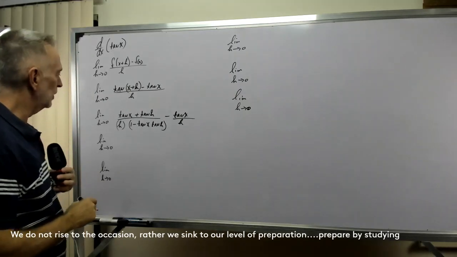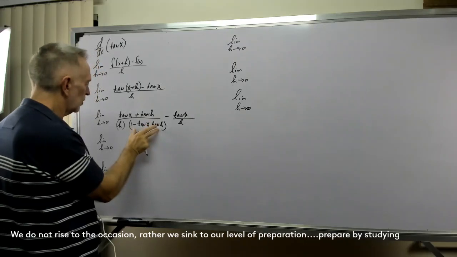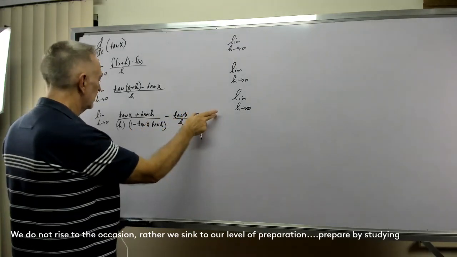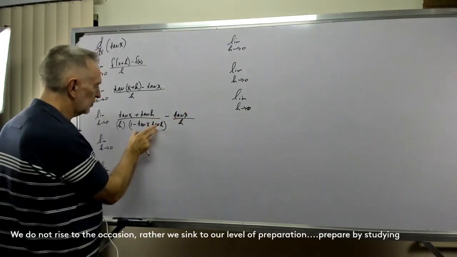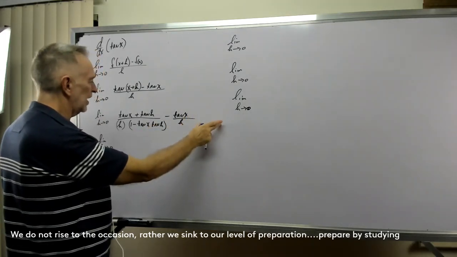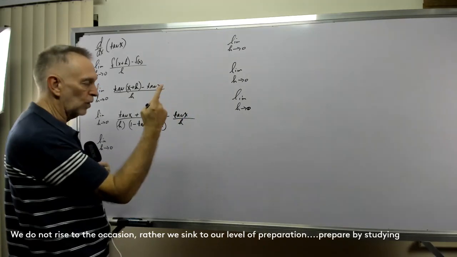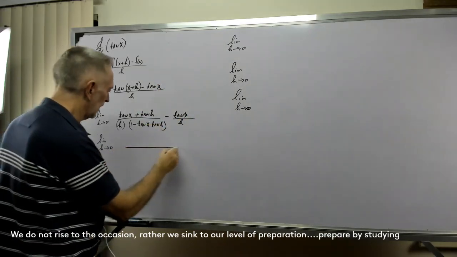Okay, well now let's get a common denominator. So we know if we were to multiply 1 minus tangent x times tangent h over 1 minus tangent x tangent h, then we just simply multiplied this by 1. So just imagine we've done that.